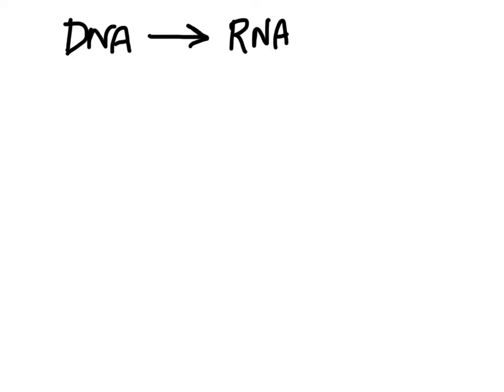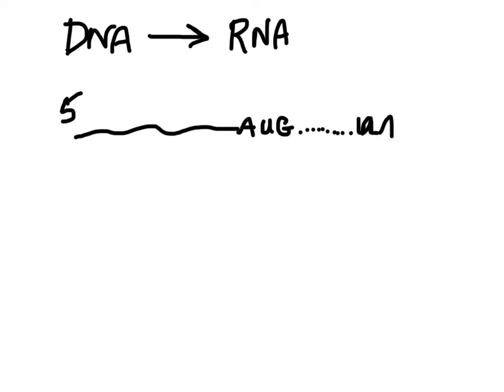So what you end up with is sequence ahead of that first AUG, and then this sequence continues until there's a stop codon. UAG is a stop codon. And then the DNA doesn't stop there. It keeps going until it gets to the end.